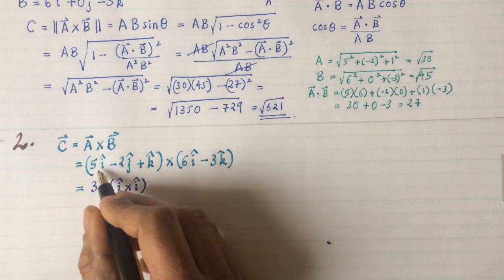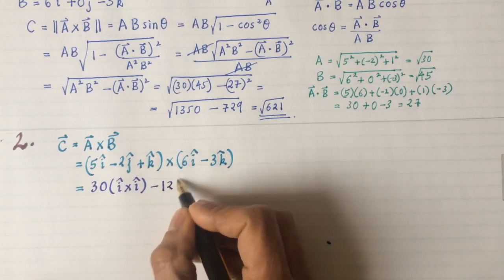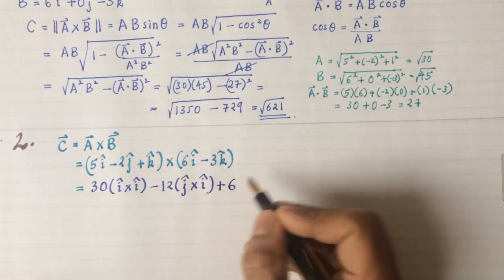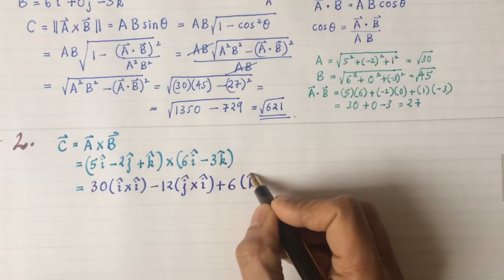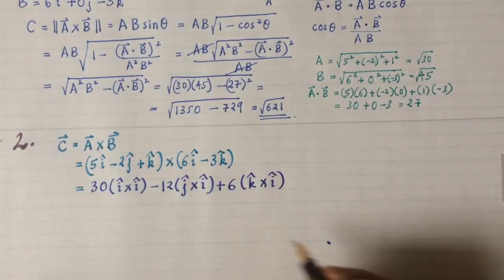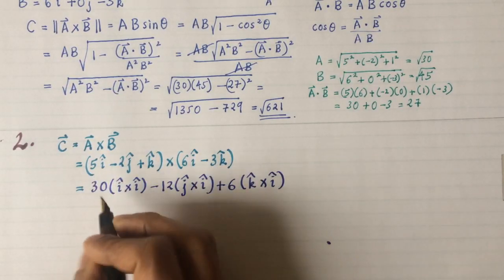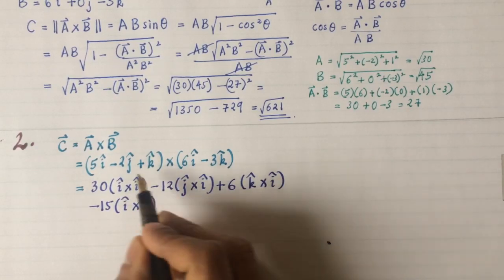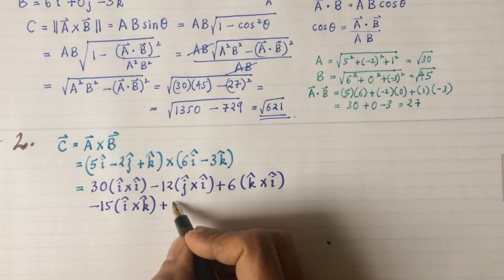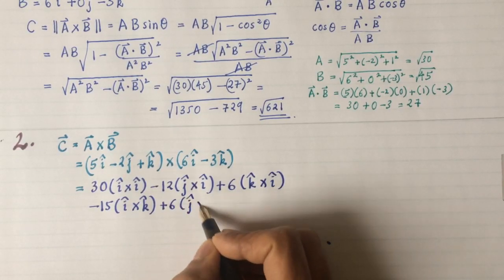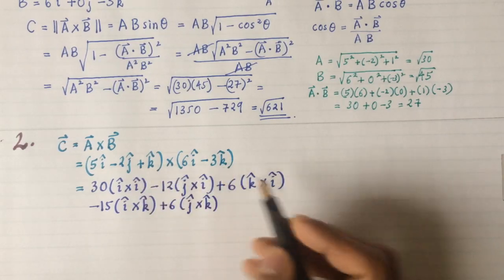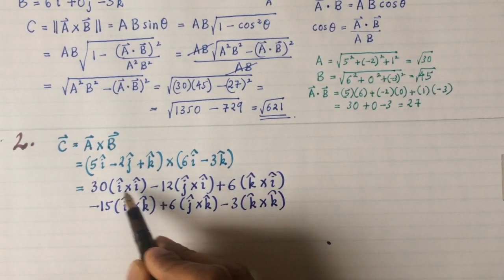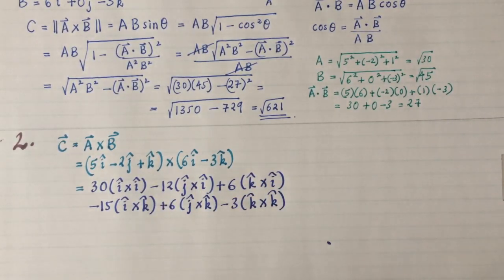So then I have negative 12 j cross i, and then plus 6 k cross i, and then now this one, negative 15 i cross k, positive 6 j cross k, negative 3 k cross k.